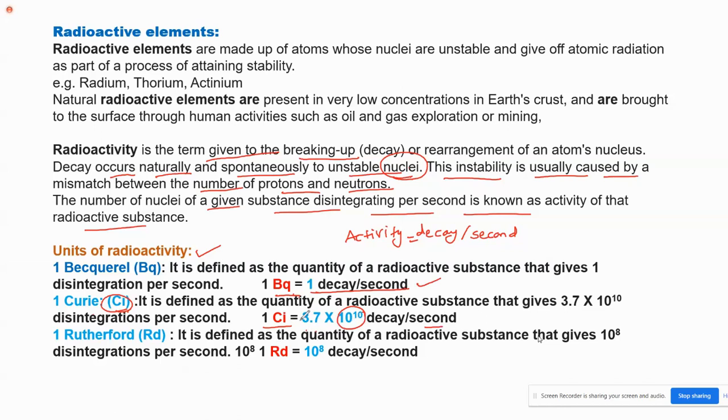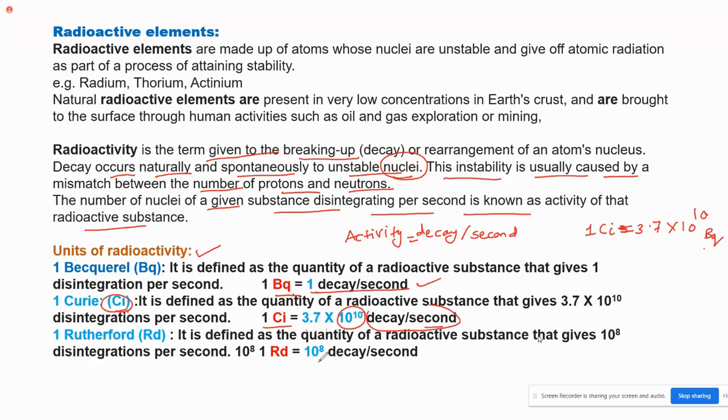If you want to convert Curie into becquerel, then 1 Curie equals 3.7 into 10 raised to power 10 becquerel, because 1 becquerel equals 1 decay per second. So instead of 1 decay per second, you write Bq here. So you will get Curie in terms of becquerel.